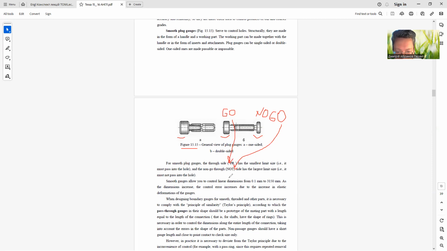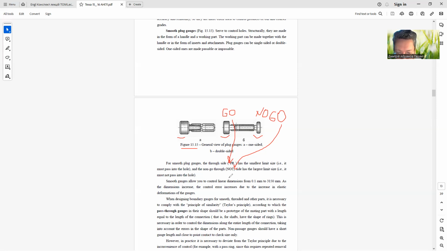When designing limit gauges for smooth, threaded and other parts, it is necessary to comply with the principle of similarity, Taylor's principle, according to which the go gauges in their shape should be a prototype of the mating parts with a length equal to the length of the connection.